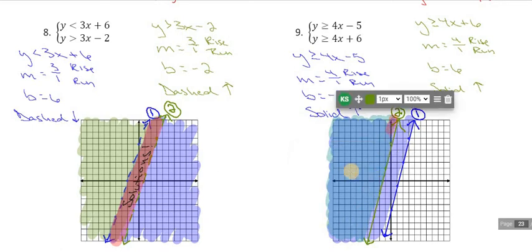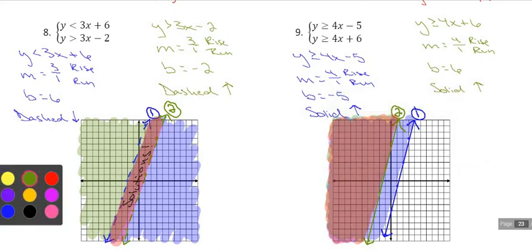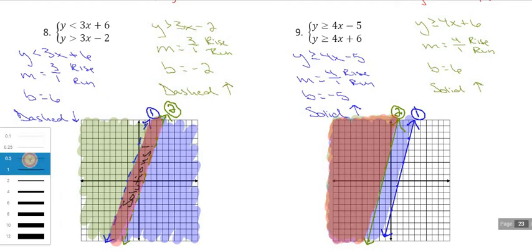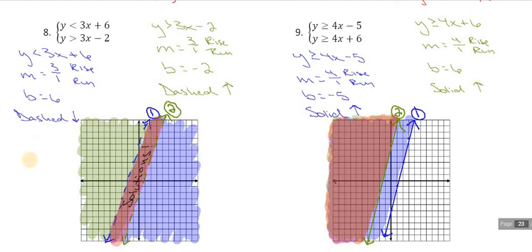So if I color in red, you will see that this whole solution region is also just every possible solution for our second linear inequality of our system. Okay, so that's kind of unique as well. So we want to make note of that.